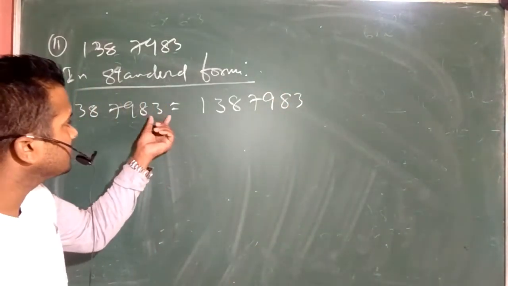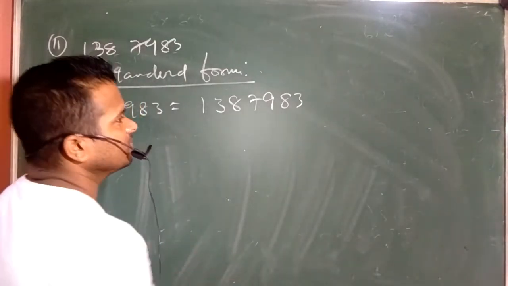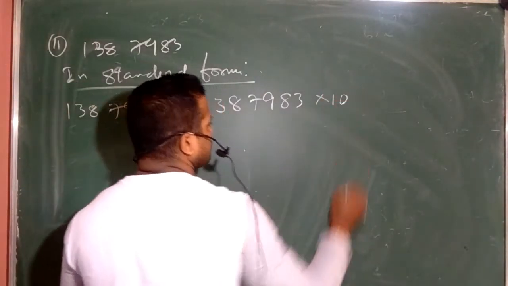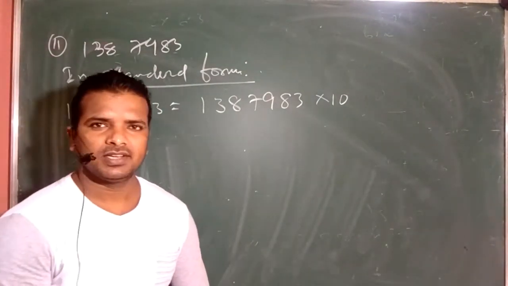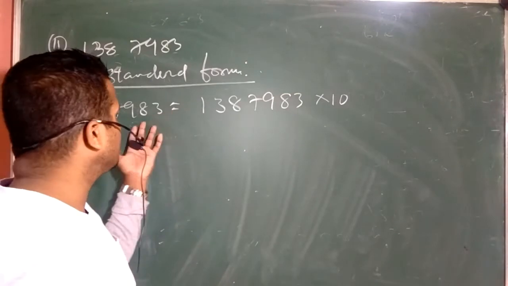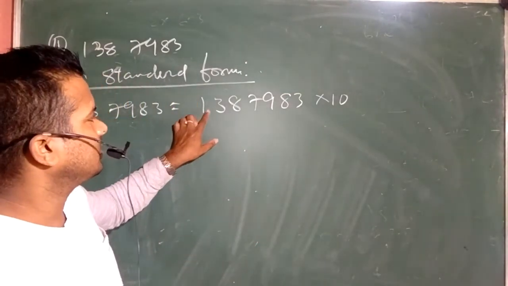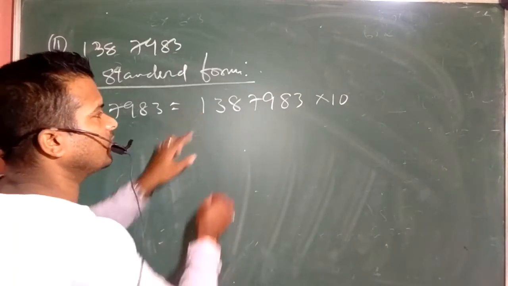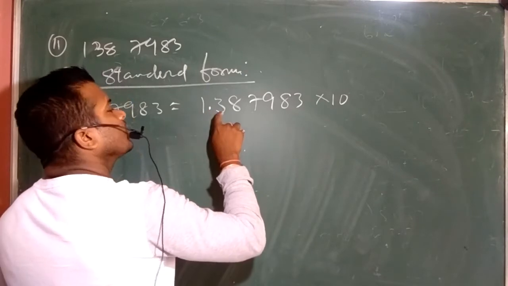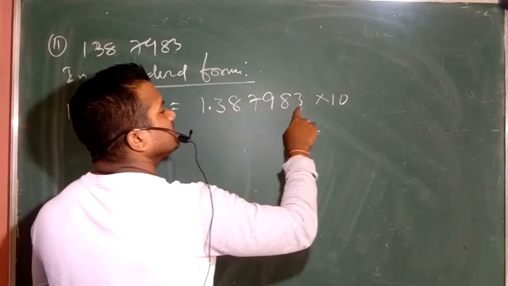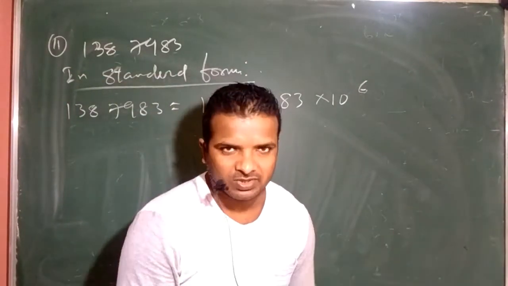As I told you, we need to see the zeros, but there is no 0. So what do we have to do? We write into 10, which is compulsory. Now we'll see the zeros. There is no 0. So we leave 1 digit and after it we will put the point. That means after the point, how many digits are there? 1, 2, 3, 4, 5, 6. So 10 to the power 6. That is the answer.